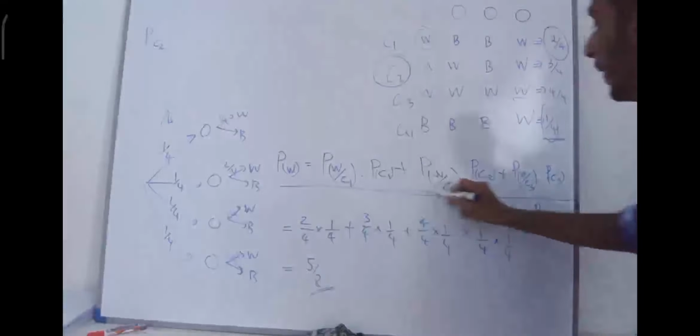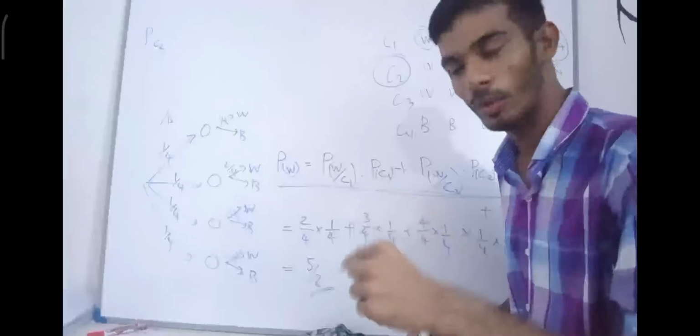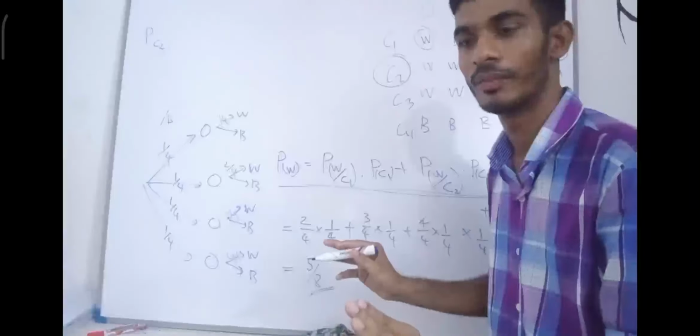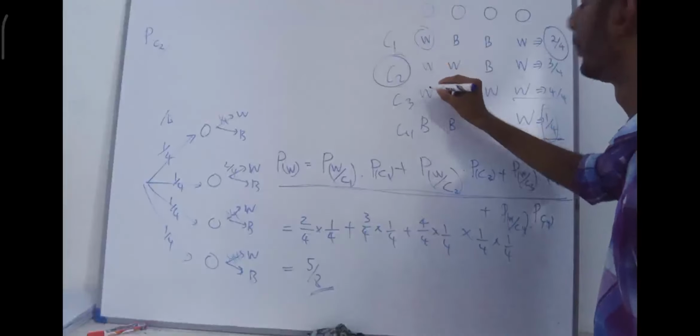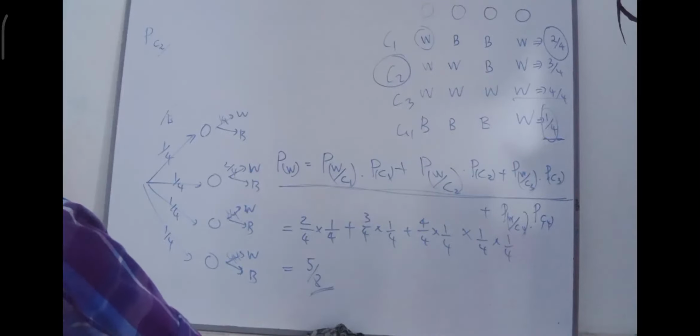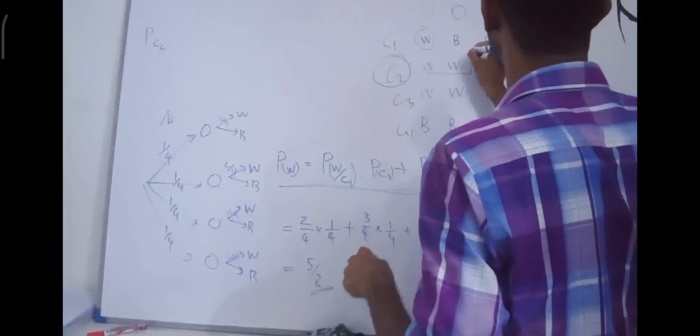Now we have found out the probability of being white, and they are telling that we have taken a white ball. We have found out the total probability of a white ball, and initially there should have been 2 white balls in the box. Initially means you have to just put this one, initially 2 balls.